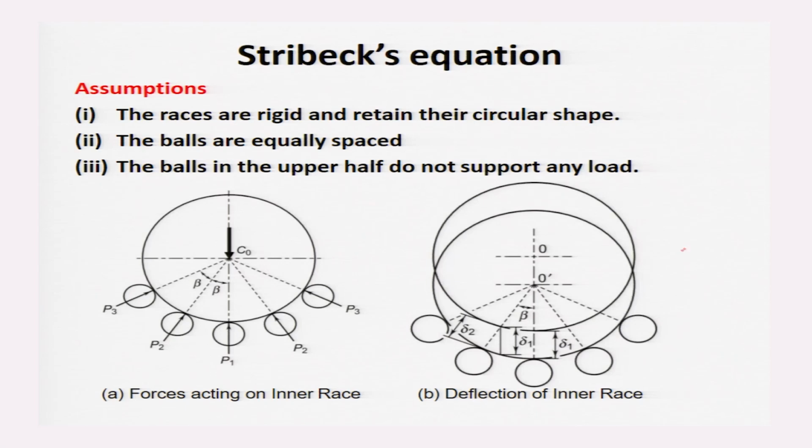There will not be any deformation in the inner race and outer race. Whatever deformation there will be, it will be in the rolling elements, either ball or the roller. The second assumption is the balls are equally spaced. The spacing between the balls is the same.